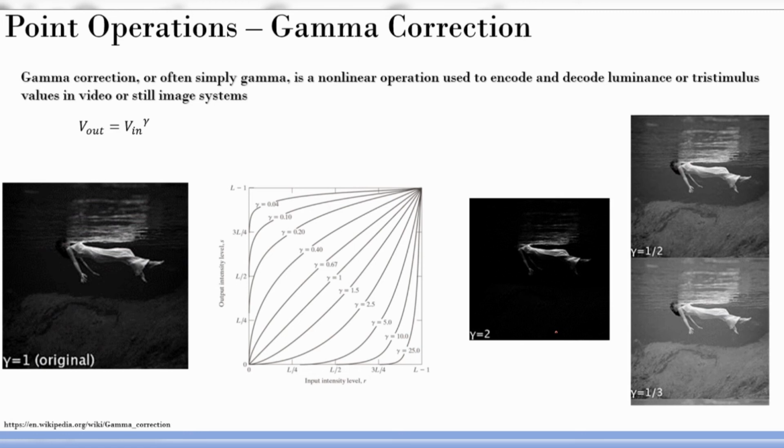It is slightly different. The main reason for this is there is a gamma correction happening on your display unit, on your projector unit, which is exactly like this. So it takes the input intensity and maps it to one of these curves. One of these curves will be used and the output intensity will be changed. So take this example. If I want to make this image brighter, I should go in this direction.